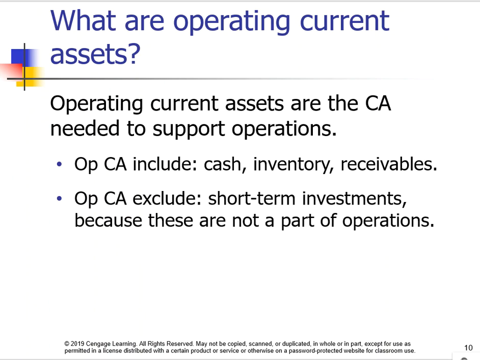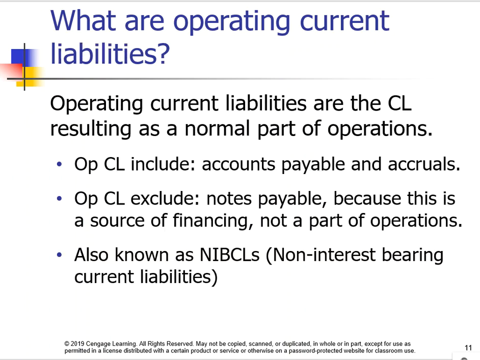So then looking at the assets, operating current assets are the ones that are used to support operations, and so they typically include cash, inventory, receivables. They do not include marketable securities or short-term investments because those aren't part of operations. So again, we're trying to focus just on what's used in operations.